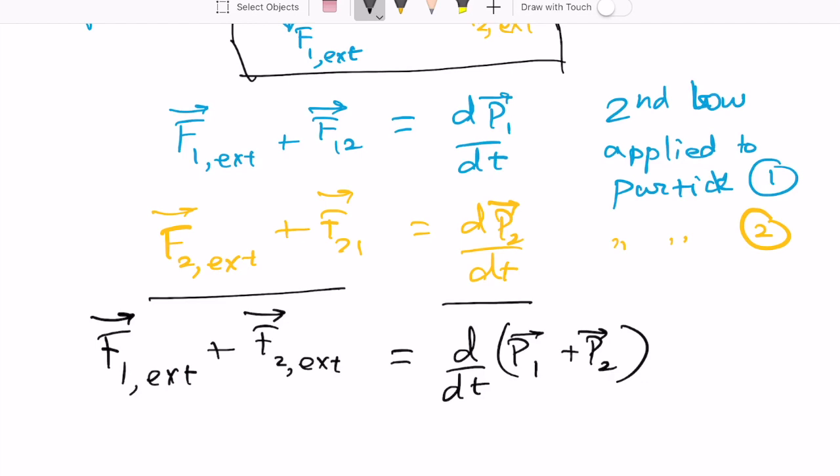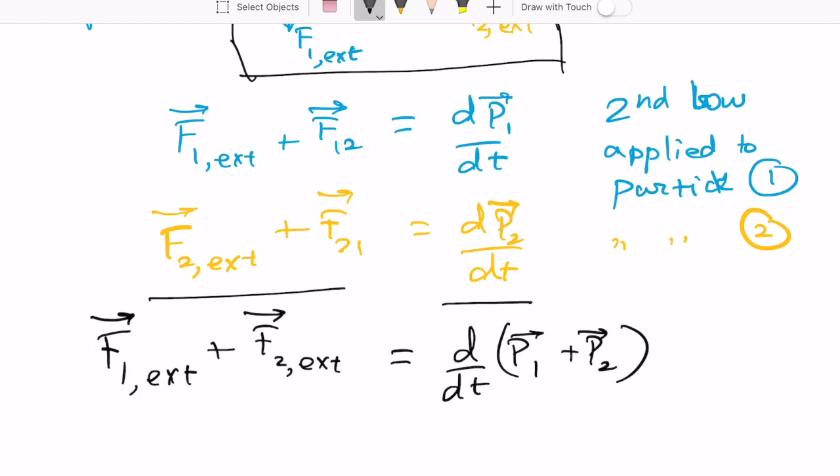Can we generalize this if you have a very, very large number of particles? How would this result change? Well, you can probably see that you would get the same answer.